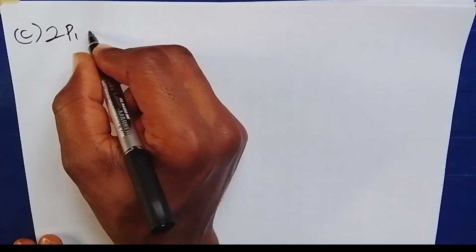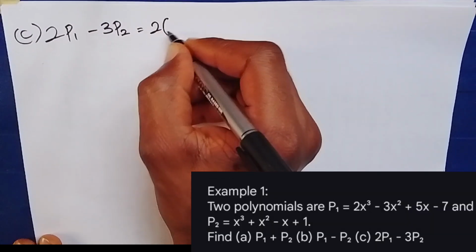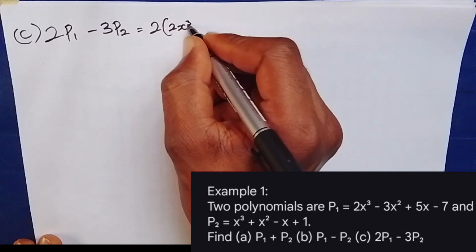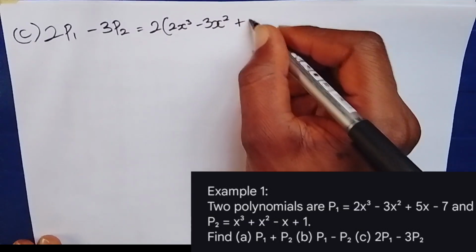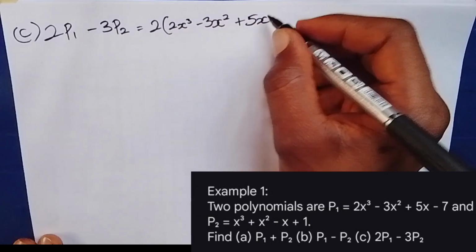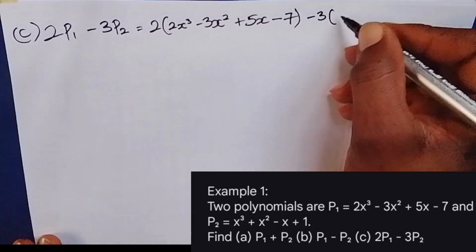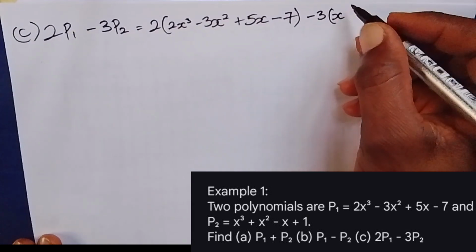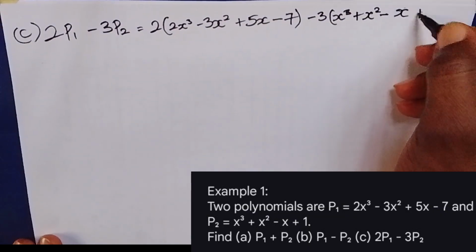2p1 minus 3p2. This will be equal to 2 times our p1, which is 2x cubed minus 3x squared plus 5x minus 7, then minus 3 times p2, which is x cubed plus x squared minus x plus 1.